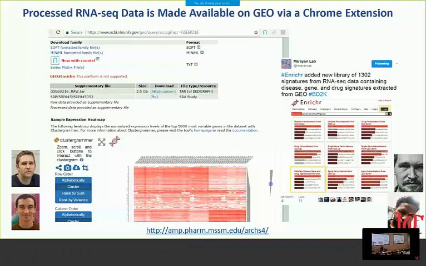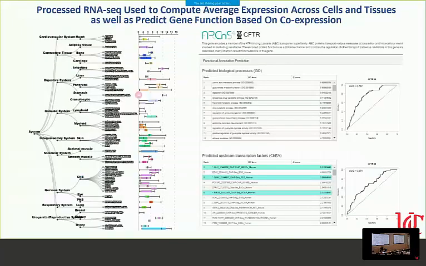We're also now able to extract gene, drug, and disease signatures from GEO manually, and this is the work of Troy and Caroline, who manually went and found samples of disease versus normal, drug versus normal, and then were able to give those to Alex, and then Alex ran the pipeline and found the differentially expressed genes for those, and those were added to the Enrichr software for people to query.